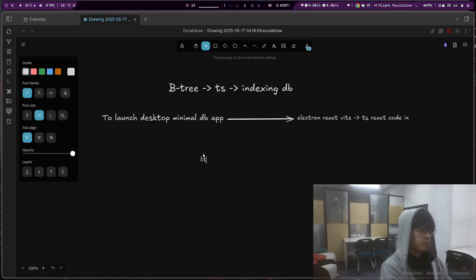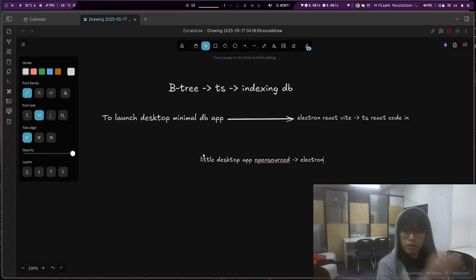But the thing I was kind of confused about was that there are only a few desktop apps that are open sourced via Electron, and I really don't know why. Like VS Code and Slack, Discord, they're using Electron.